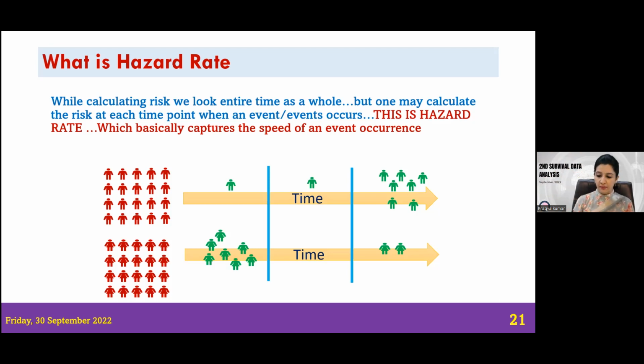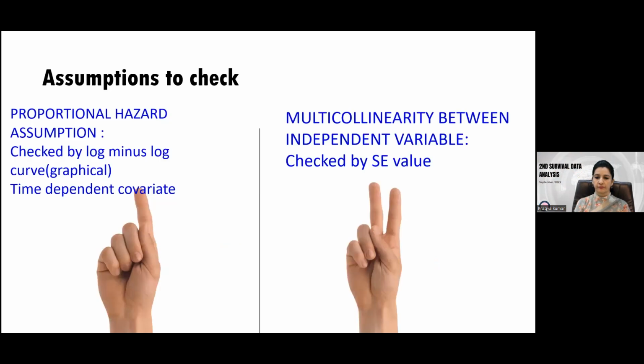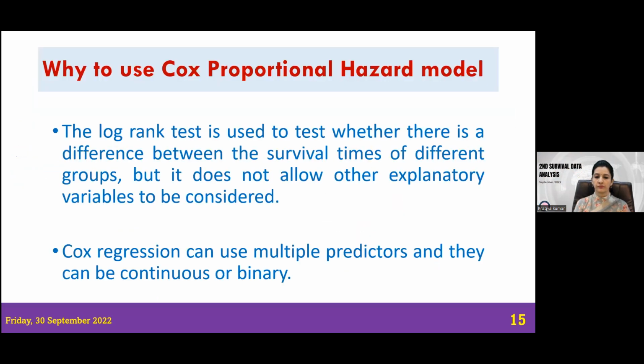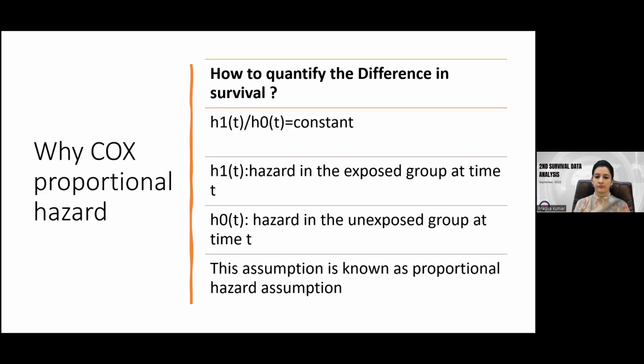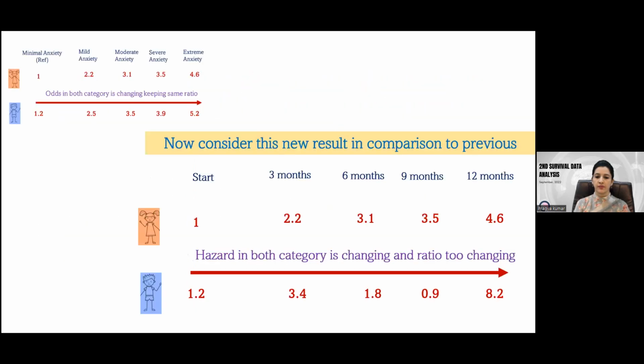With time, in this example which we have seen, you can see here that the Cox proposed hazard ratio is changing at different points of time.